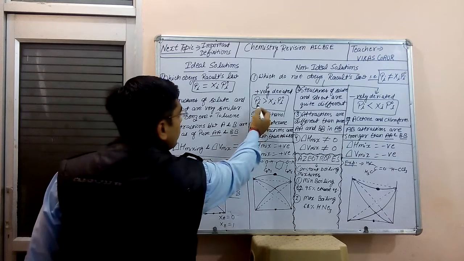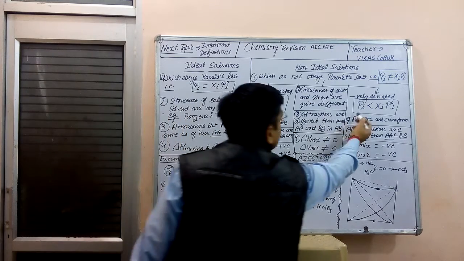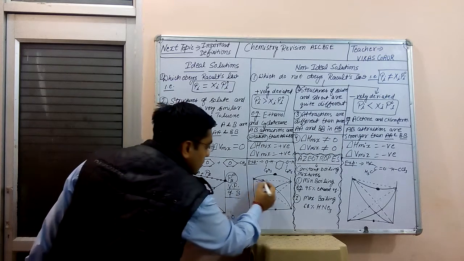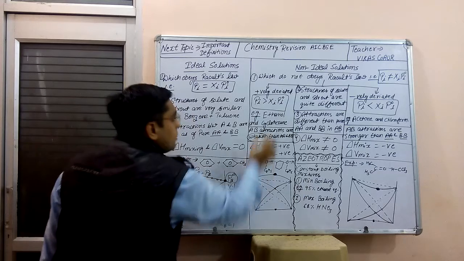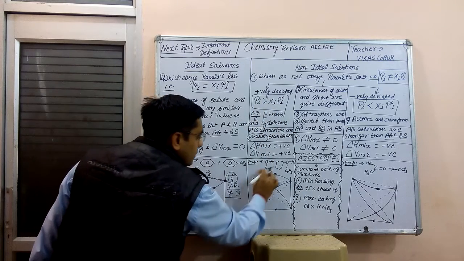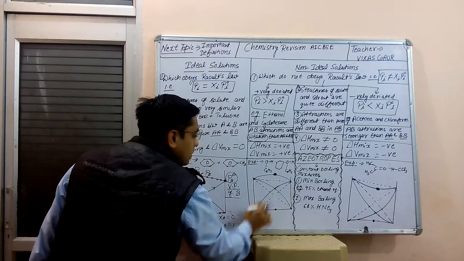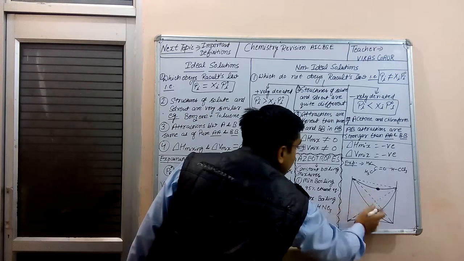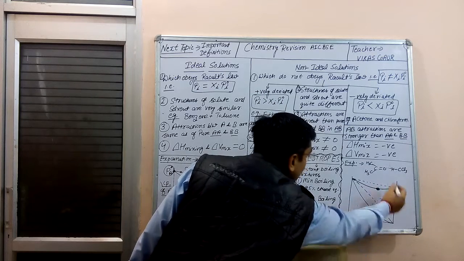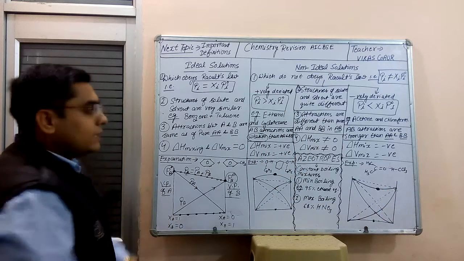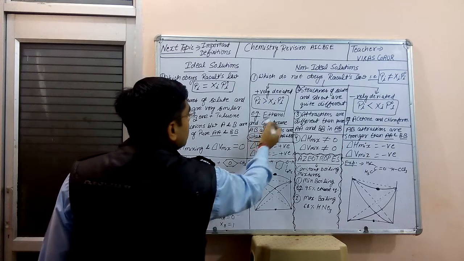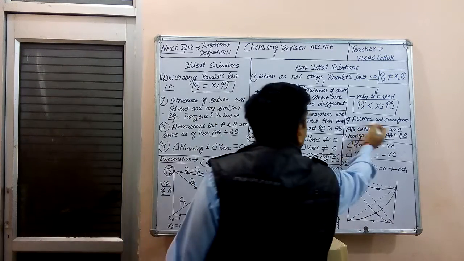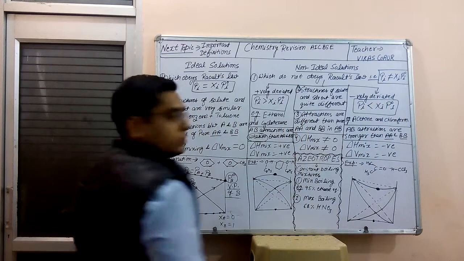Either it is more than this or less than this. So the graph comes like this. Means the expected graph is dashed, but due to this factor the graph comes more than normal. And in case of negative it comes to be less than normal vapor pressure. How? Explanation. The example is ethanol and cyclohexane for positive deviations and acetone and chloroform for negative deviations.